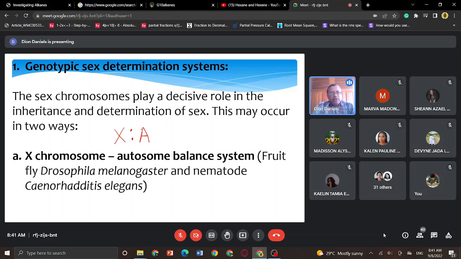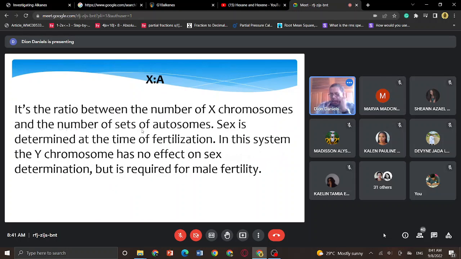This particular system occurs in fruit fly, Drosophila melanogaster, and nematodes, right? Ratio of X chromosome to autosomes. So it's the ratio between the number of X chromosomes and the number of sets of autosomes.